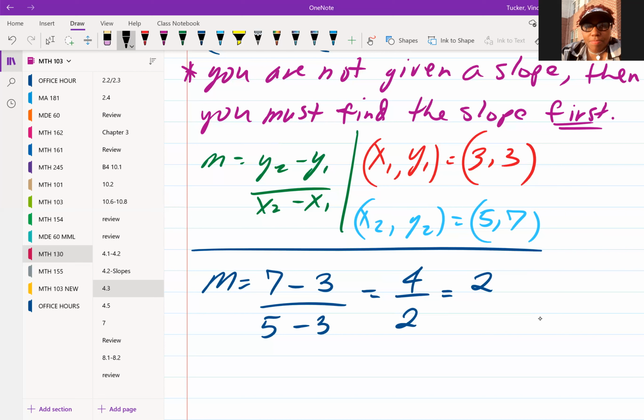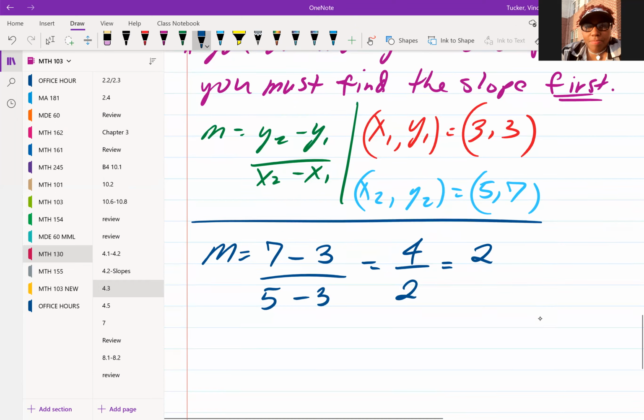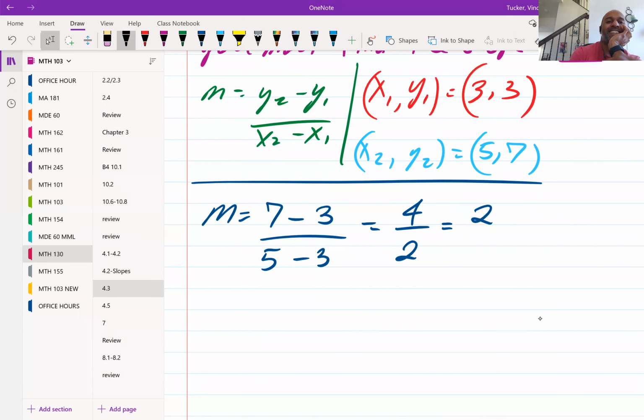Okay, then x2, which is the 5. For some reason it's hard for me to follow these formulas. You just gotta get used to it. I'm going to work on it after we get out of class. Not a problem. You just gotta get used to it. That's all.